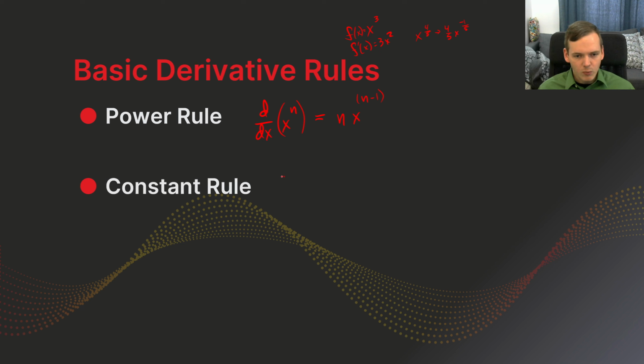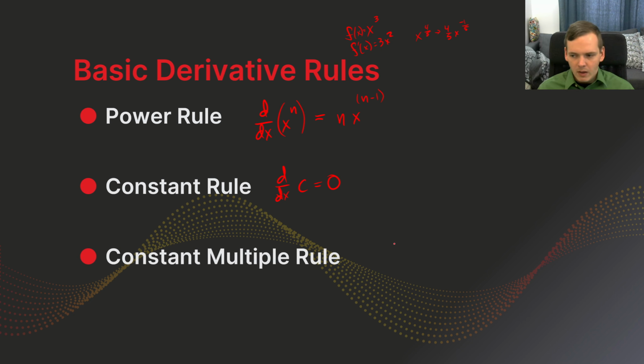The constant rule: the derivative of a constant will always be equal to 0. That should be self-explanatory, because if you have a constant, it's not changing, therefore the rate of change is going to be 0. The constant multiple rule: d by dx of cx is equal to c.